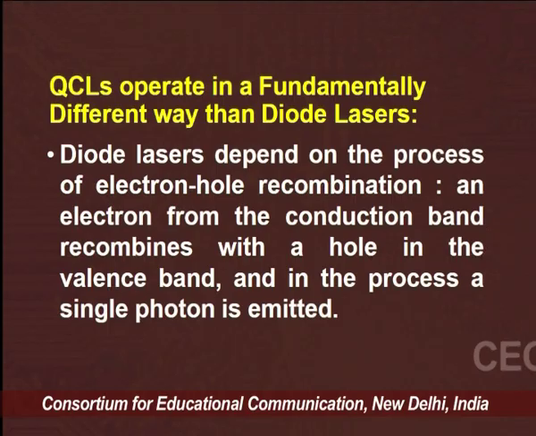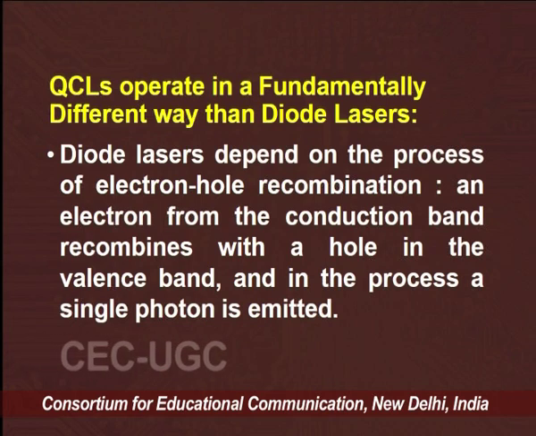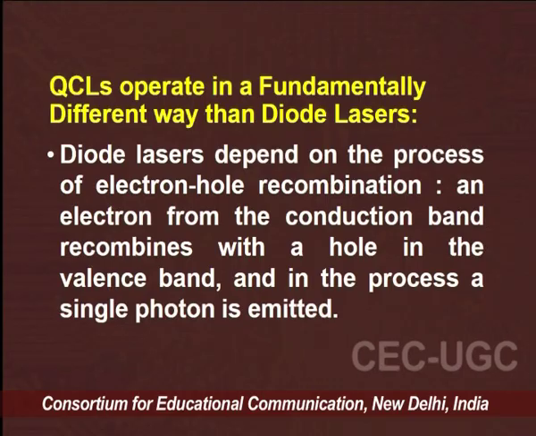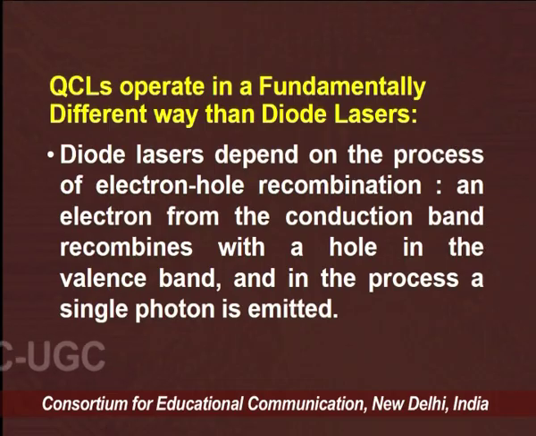Now, QCLs operate in a fundamentally different way than the diode laser. How is it different? The diode laser depends on electron-hole recombination, as electrons from the conduction band recombine with holes in the valence band, and in the process a single photon is emitted.